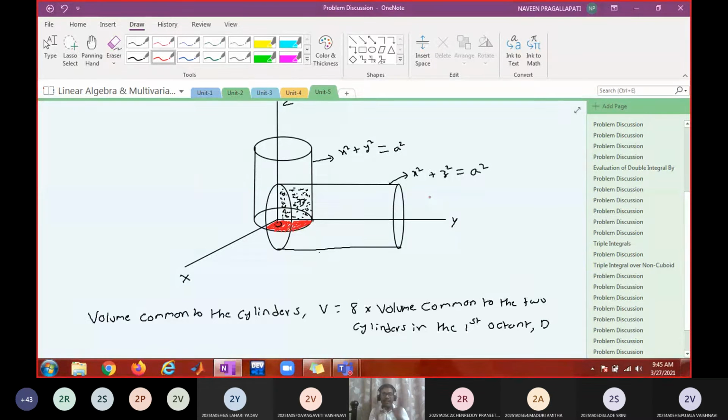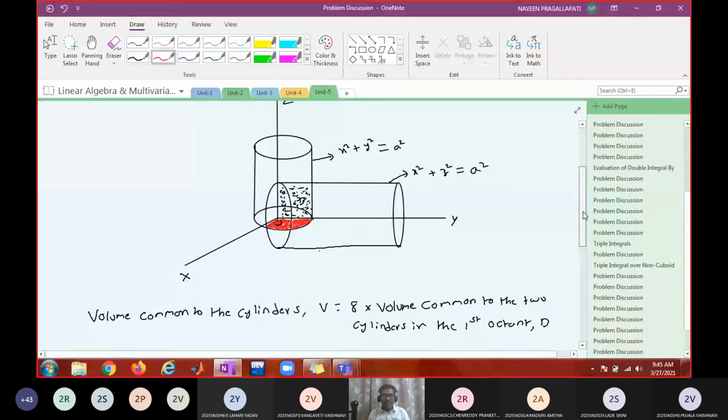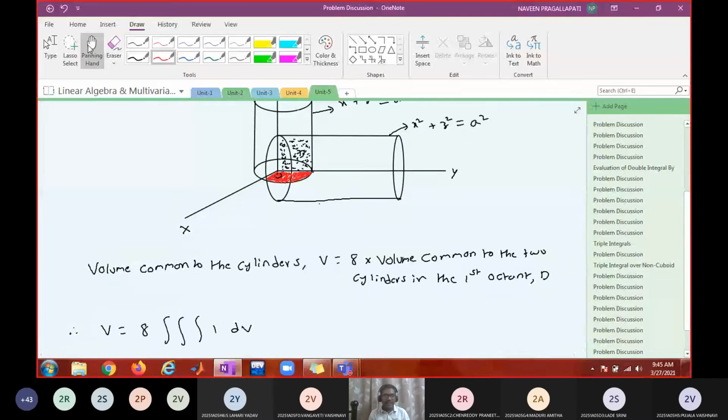Okay, circular region, because it is a solid cylinder, no? And in the first octant, only 1/4 of the circular region will be there, and whatever the volume is there in the first octant, that is exactly standing over this 1/4 of the circle. Agreed or not?